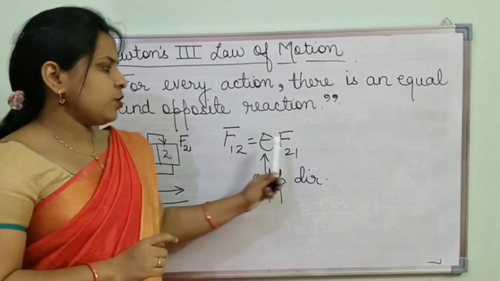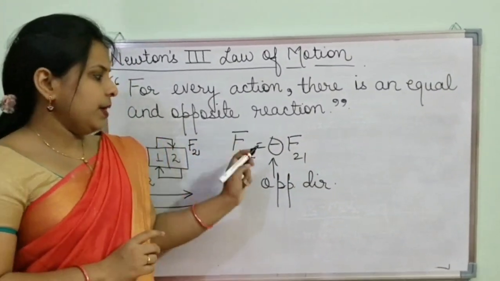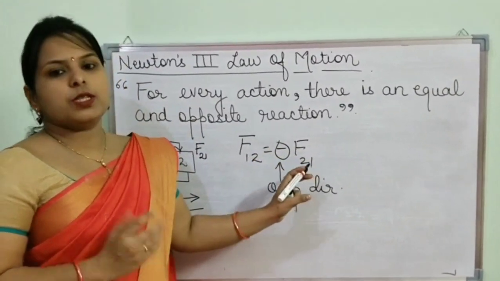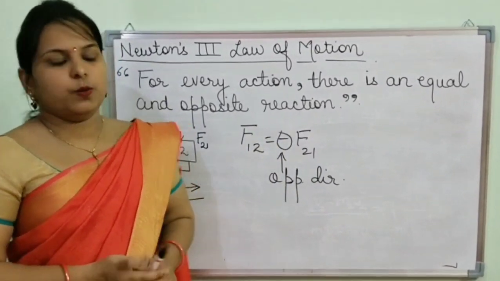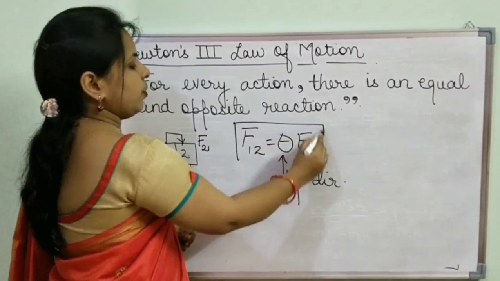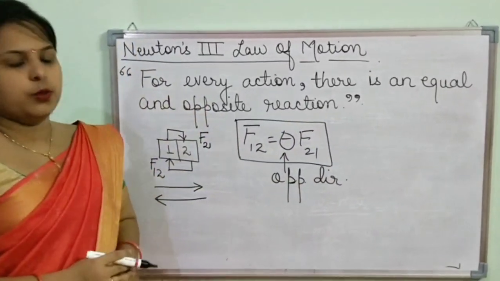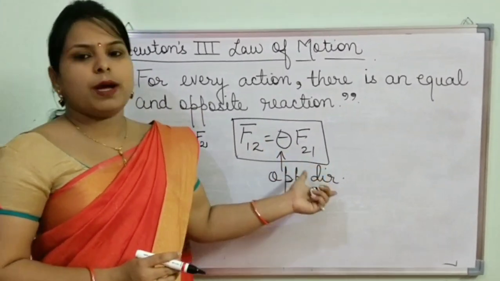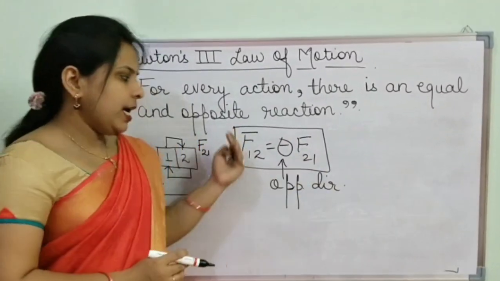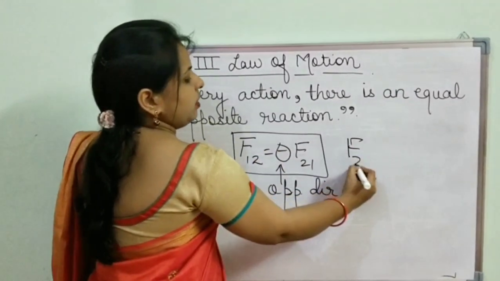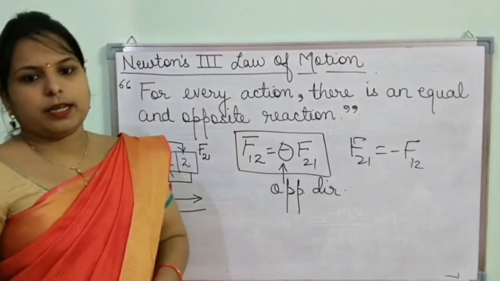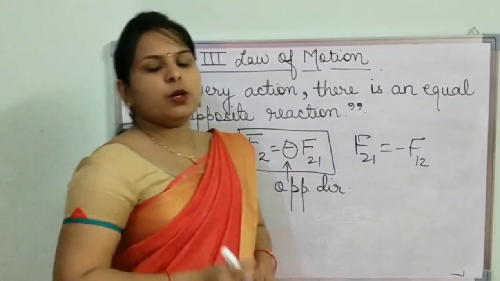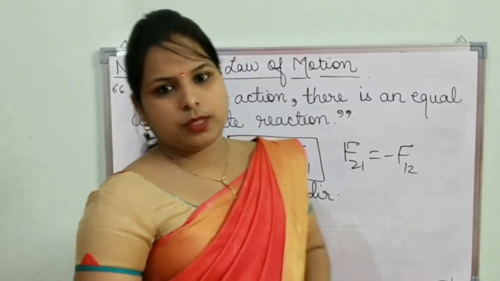Okay, the values of both the forces will be equal, but one of the forces will be opposite to the other force. So we will put minus sign over here. So this is the mathematical form of Newton's third law of motion. F12 is equal to minus F21, or you can write F21 is equal to minus F12. Both are correct. Okay.